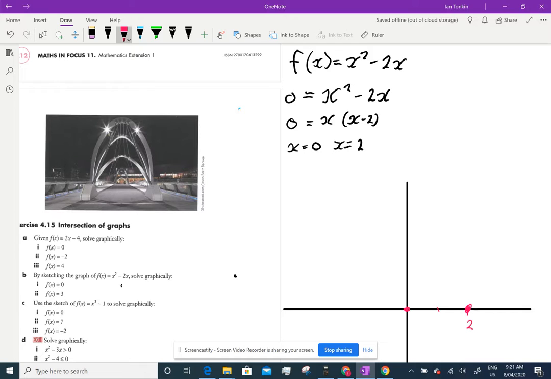The vertex is halfway between the roots, so the vertex is going to be 1, but let's show it. The vertex is going to be when x equals minus b on 2a, so it's minus minus 2 on 2 times 1, which is 1. So my vertex, when x equals 1, f of 1 equals 1 squared minus 2 times 1, which is negative 1.